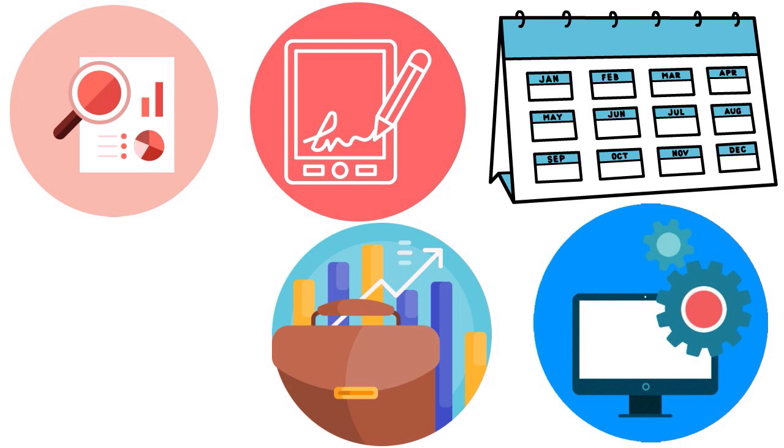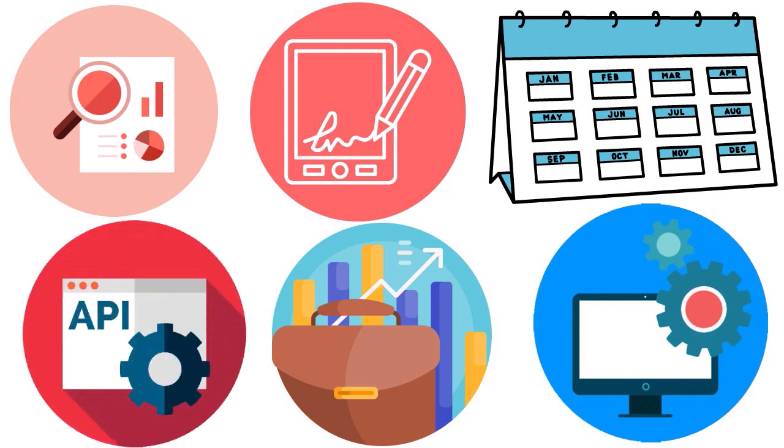And you also have API integration. API integrations are cool, especially if for any reason your current tech stack doesn't have a native integration to PandaDoc. They can set you up, and your developers can connect your tools to PandaDoc through their API.